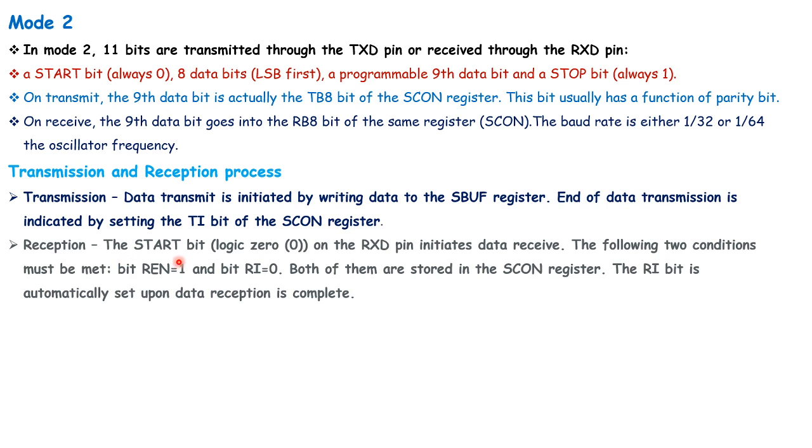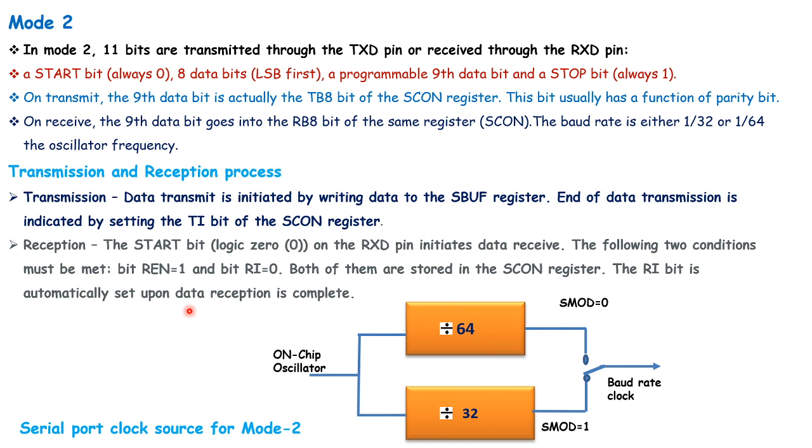Reception: the start bit, logic 0, on the RxD pin initiates data reception, and the following two conditions should be met: bit REN equal to 1, receiver enable, and bit RI equal to 0. Both of them are stored in the SCON register, and the RI bit is automatically set when data reception is completed.